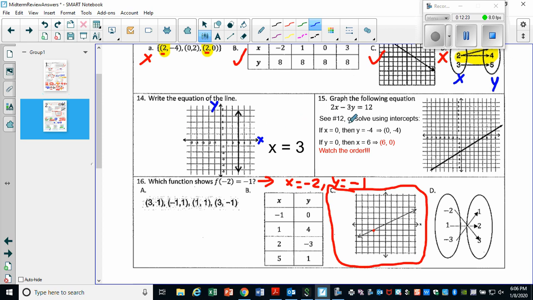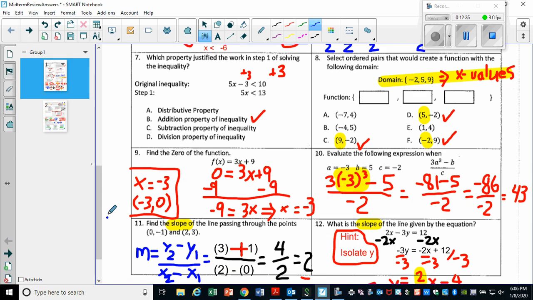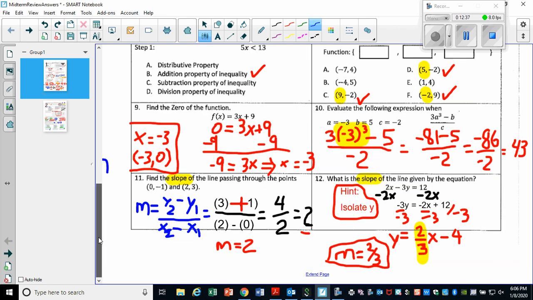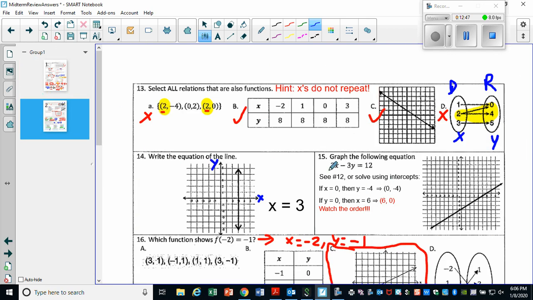Now 15, that was the same equation as 12. So if you rewrote equation 15 as y equals 2/3 x minus 4, you actually did your problem.